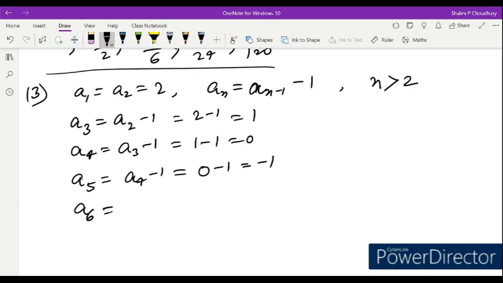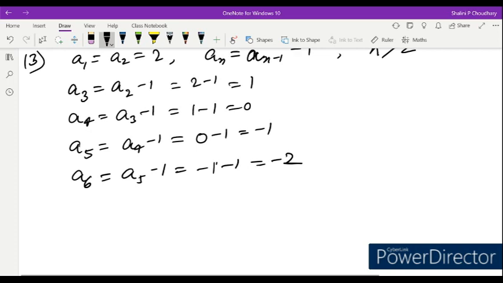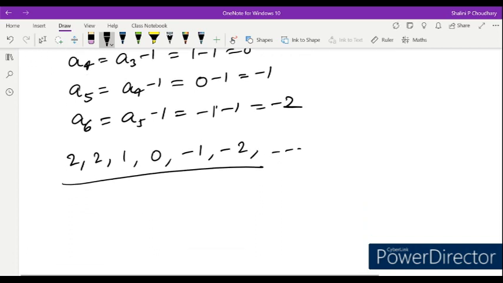Now a6 will be a5 minus 1, that is minus 1 minus 1, that is minus 2. Okay, so first 6 terms, 2 terms are given, that's why we found 4 more. So first term is 2, second term is 2, third term is 1, 0, minus 1, minus 2, as it is. These are the first 6 terms.